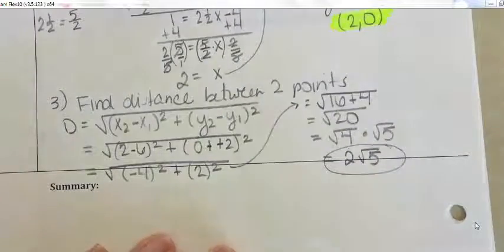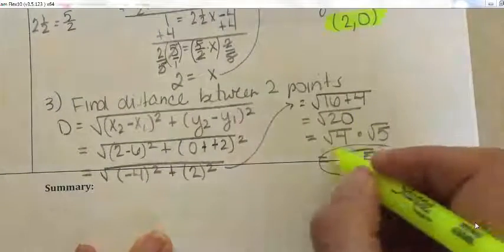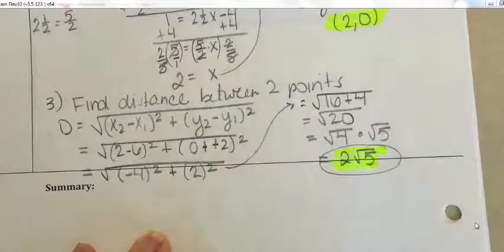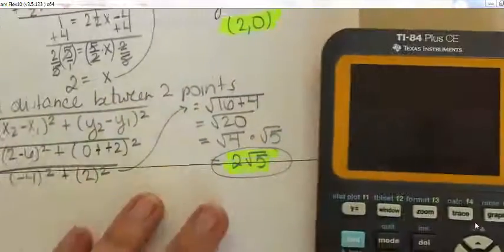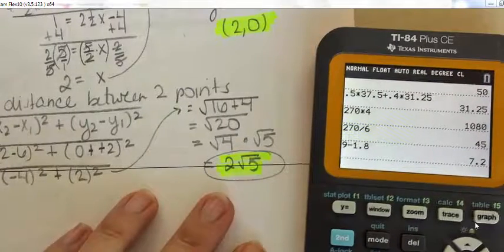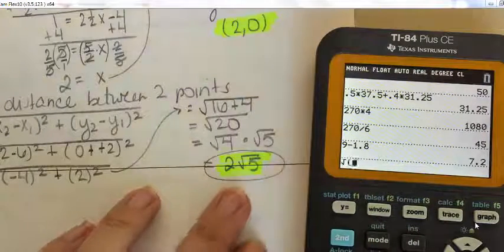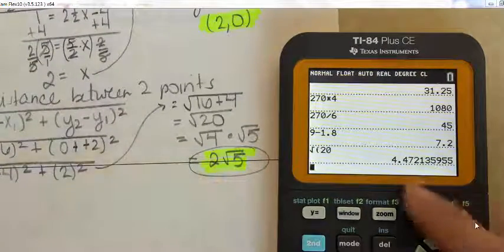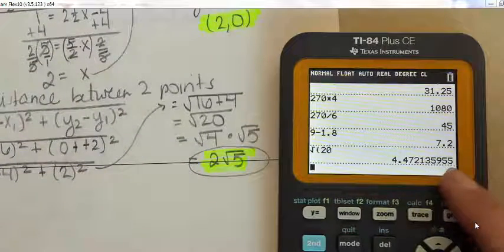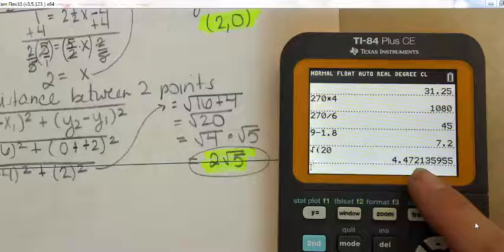So that's our distance. Now, they didn't give us any units. But if they did, and if this was a real world problem, then it might be more helpful to get an approximation. And so you could go onto your calculator and say the square root of 20 is, okay, well, see how this is not an exact number? So you'll round this to 3 decimal places.